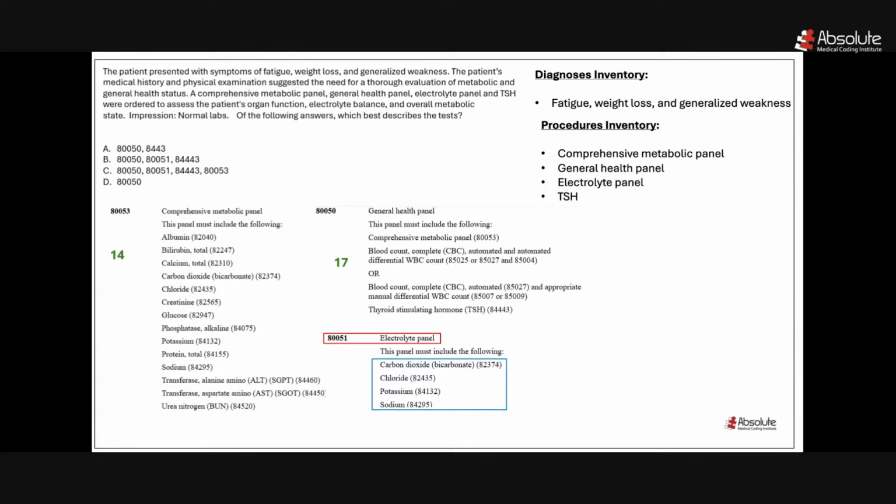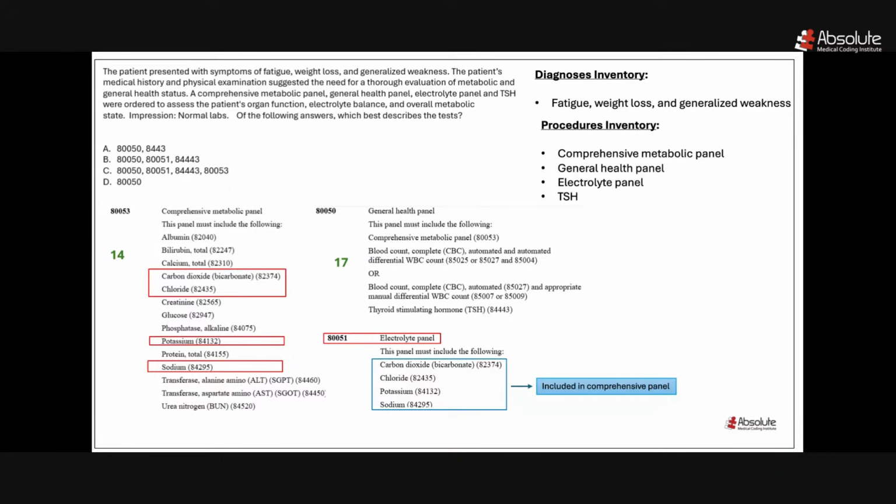And coders, if you remember from the exercise we did in the beginning, all the electrolyte panel tests are included in the comprehensive metabolic panel, right? Yes, the carbon dioxide, chloride, potassium, and sodium are all included in your comprehensive metabolic panel. So we don't need to code an electrolyte panel and a comprehensive metabolic panel. We only need to code a comprehensive metabolic panel in this case.